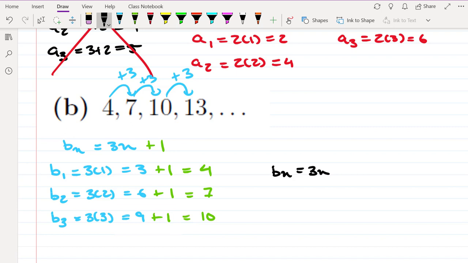I'm adding 3 each time, but then I was off by 1, so I had to correct that by adding 1. We'll note that our skip was 3, and what did we have to do to that to get to 4? Well, 3 plus 1 gave us 4, so we knew we needed the plus 1.